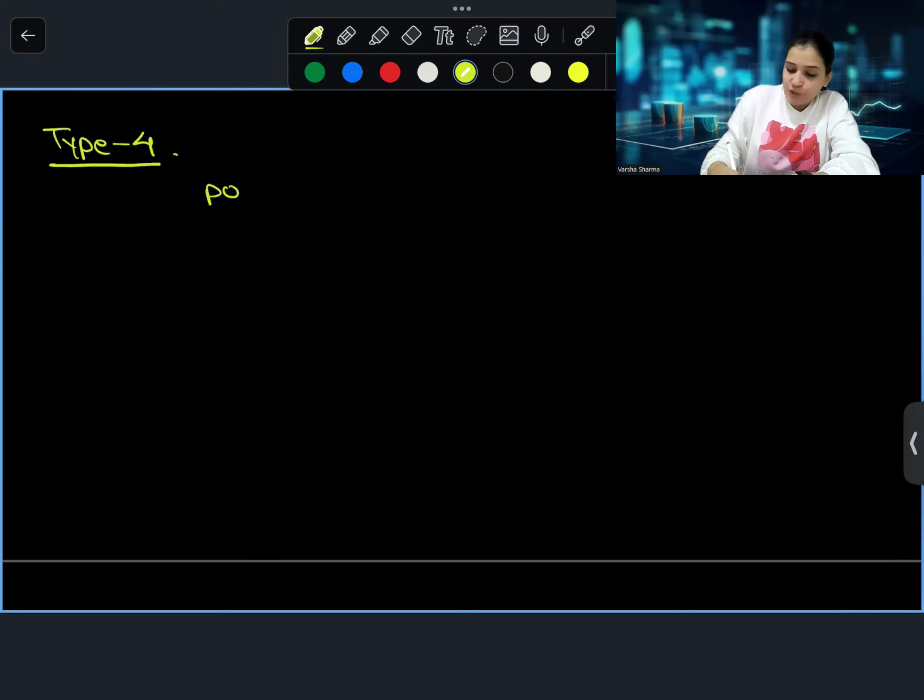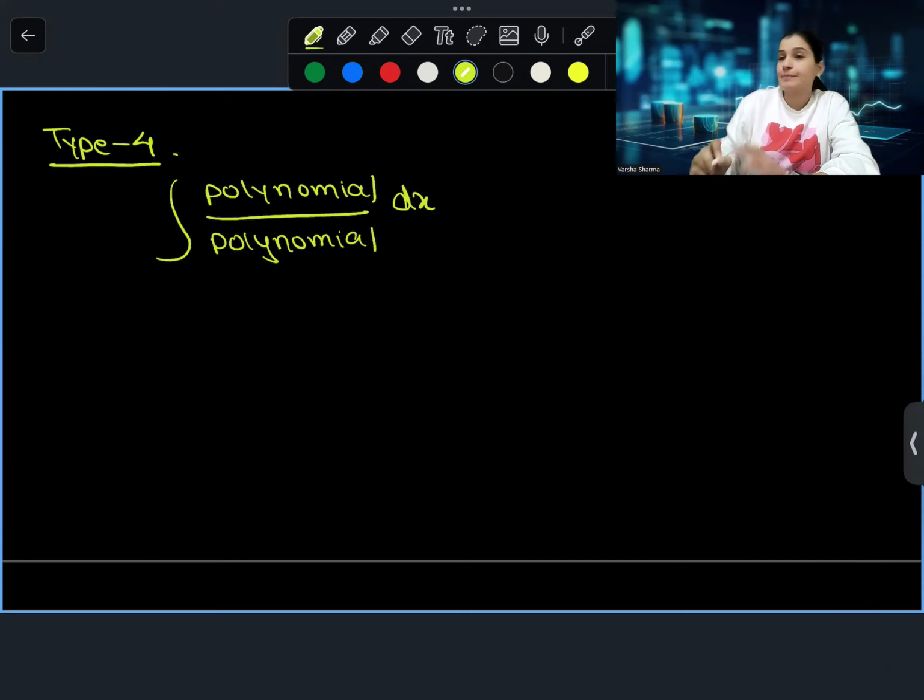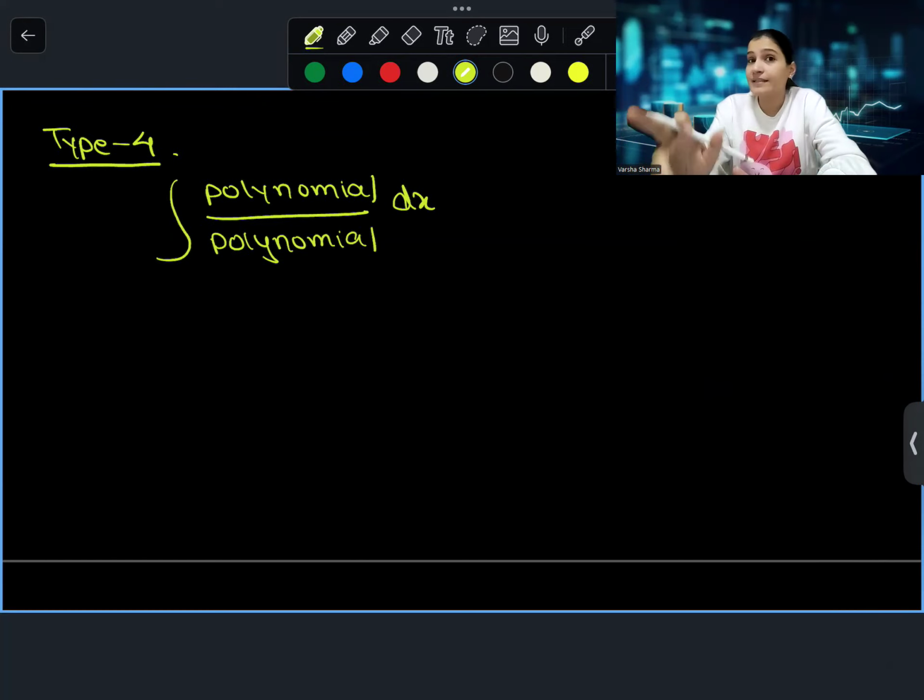Type 4 is polynomial by polynomial. Now, what is a polynomial? Polynomial means any algebraic expression where the power of the variable is a whole number. So a constant is a polynomial, x is a polynomial, x square, x cube, x power 4 are all polynomials. Root x is not a polynomial, x power 1 by 2 is not a polynomial, x power 4 by 3 is not a polynomial, 1 by x is not a polynomial, because 1 by x means x power minus 1, not allowed.